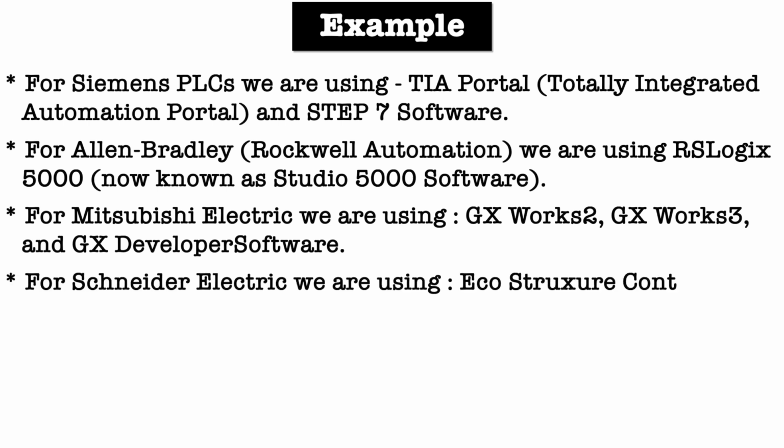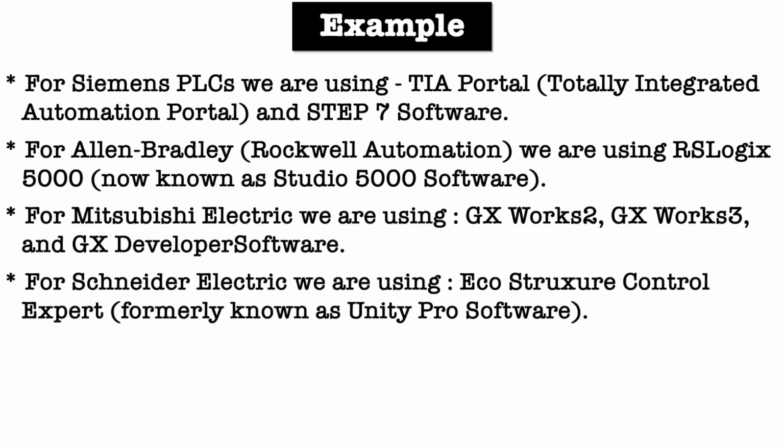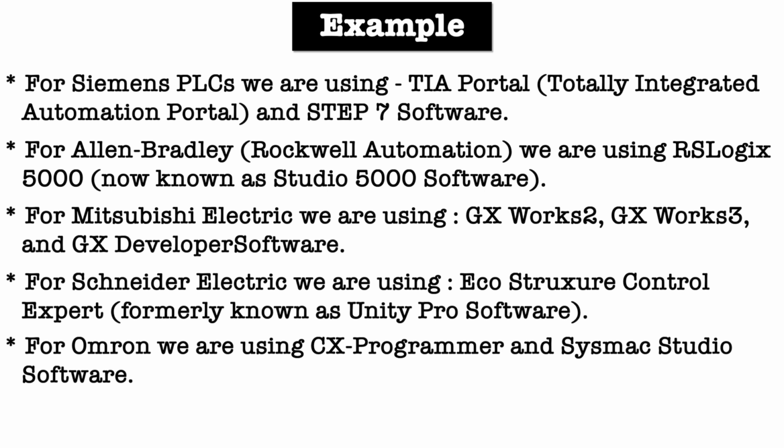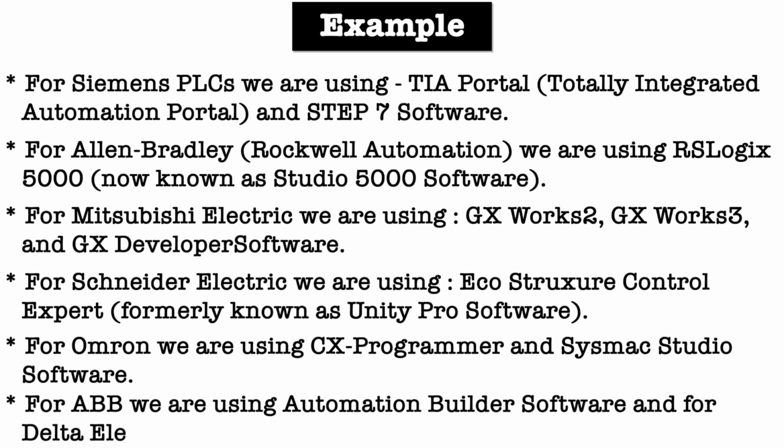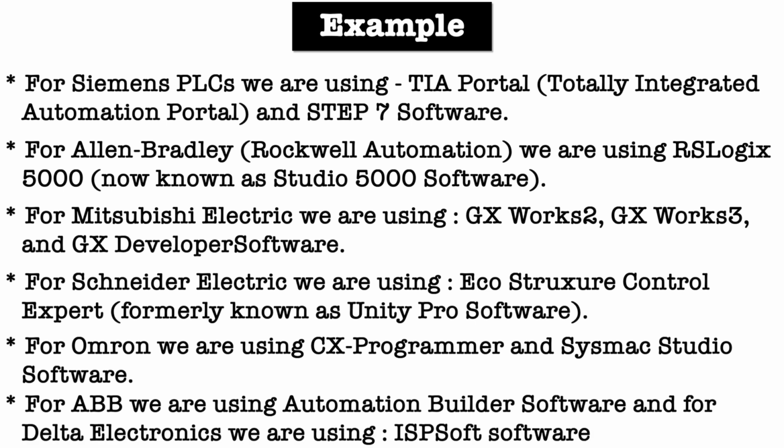For Schneider Electric, we are using EcoStruxure Control Expert, formerly known as Unity Pro software. For Omron, we are using CX-Programmer and Sysmac Studio software. While for ABB, we are using Automation Builder software, and for Delta Electronics, we are using ISPSoft software.